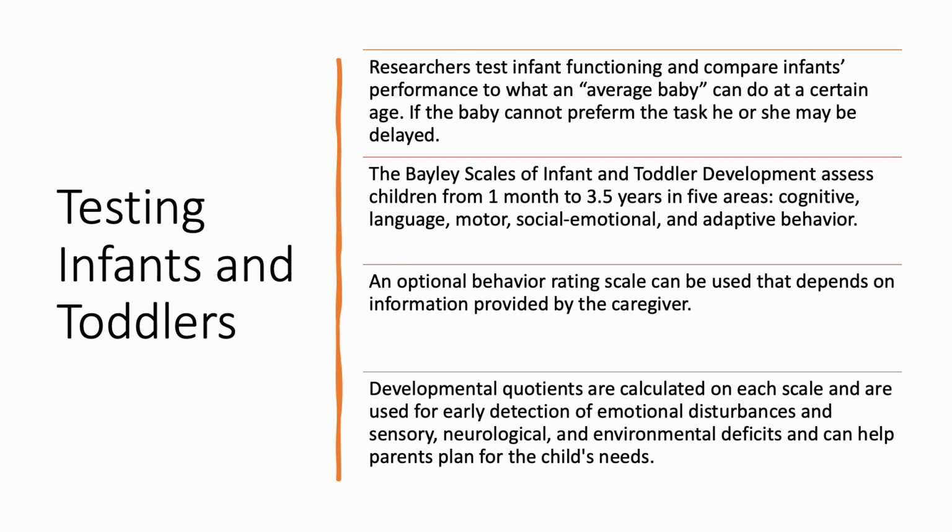Developmental quotients are calculated on each scale and are used for early detection of emotional disturbances and sensory, neurological, and environmental deficits, and can help parents prepare for their children's needs.